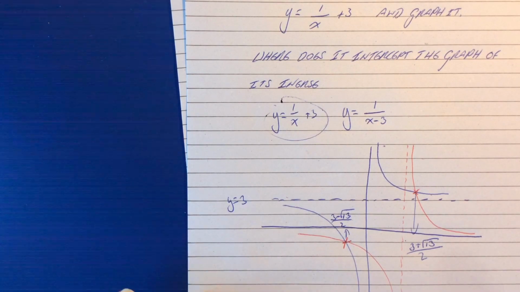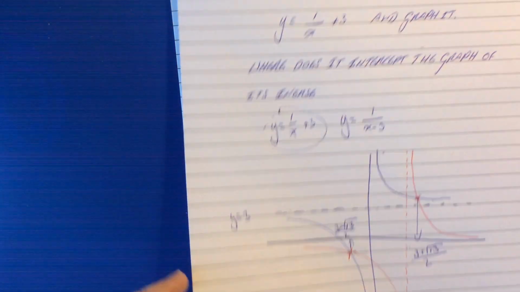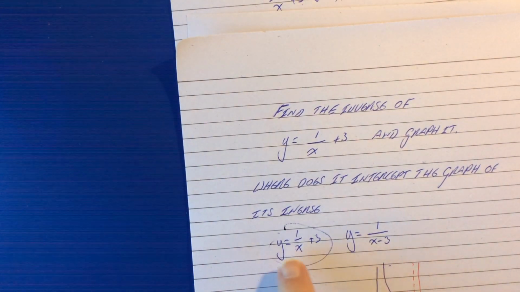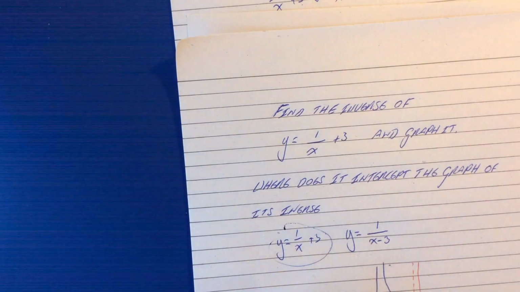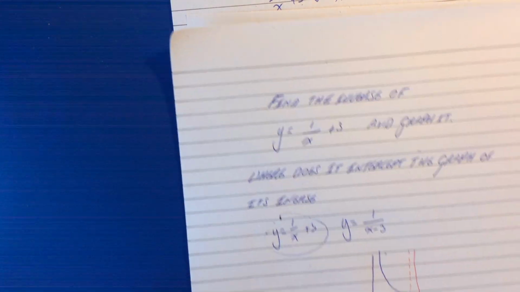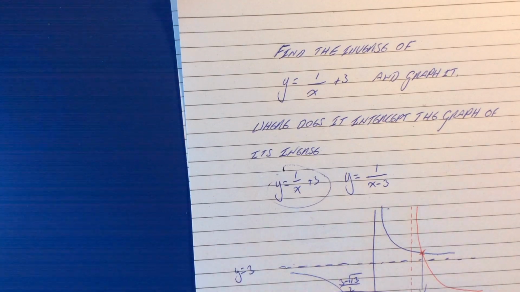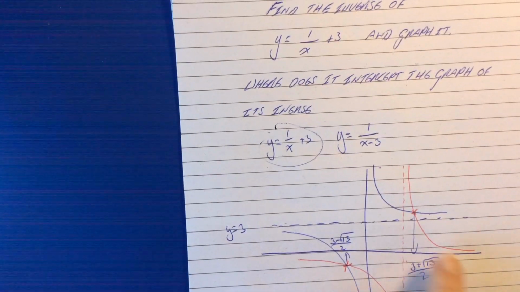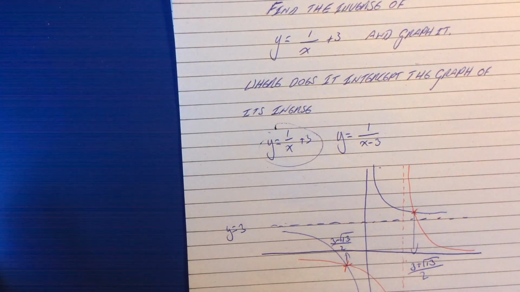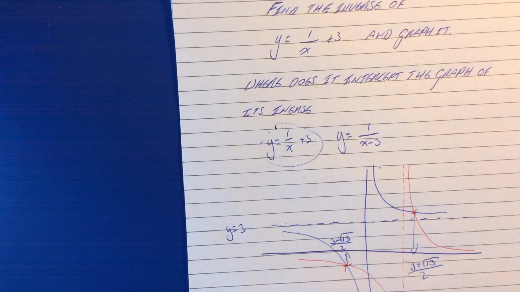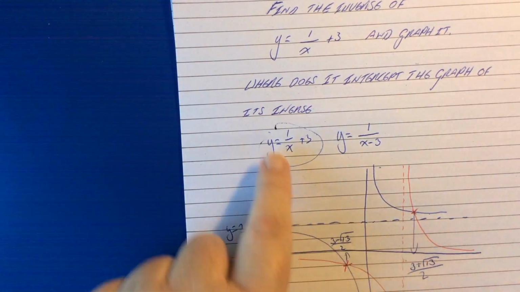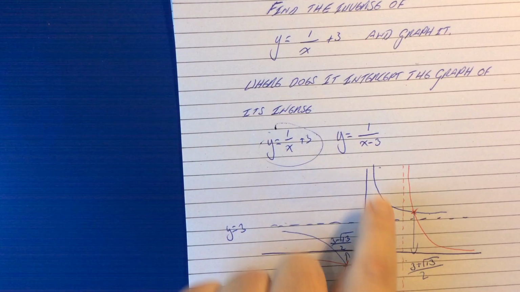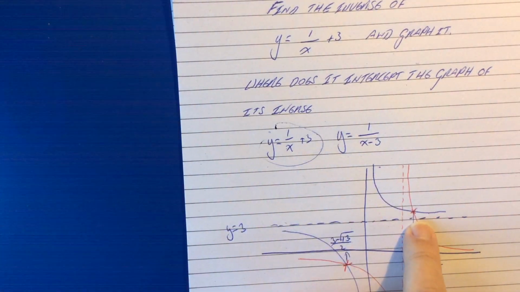So let's just recap quickly. Find the inverse. We swap x and y. We were instructed to graph these things, so what we know is that the asymptotes swap around. The blue graph is this equation, the red graph is this.